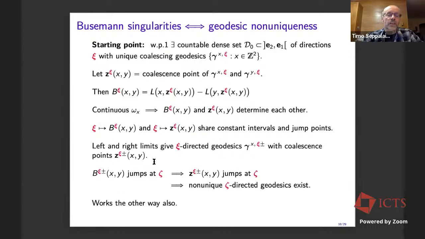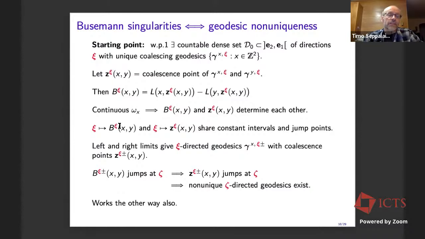What I said here relied crucially on the fact that I knew that this Busemann function has isolated jump points. If we assume that there's an accumulation point in the jumps in the interior, then what I can tell you is that as you take that direction C towards that accumulation point, the coalescence points escape to infinity.